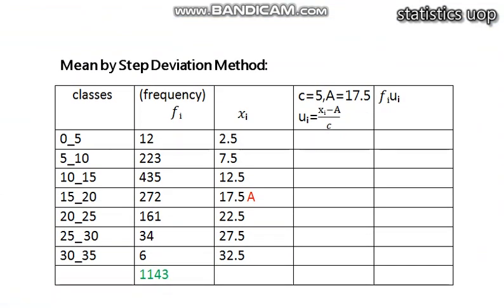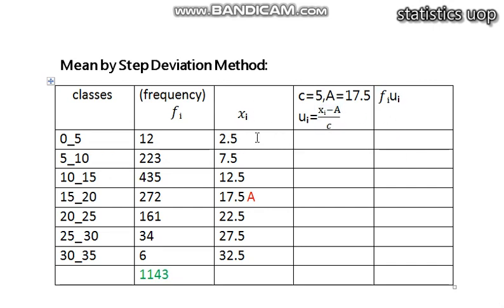Now let us understand the last method, that is the step deviation method. What you can observe from this method is that the calculations are much easier. In this method we have to create 3 columns: xi, ui and fiui.